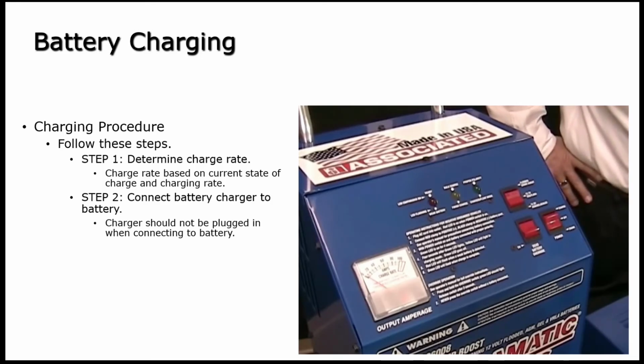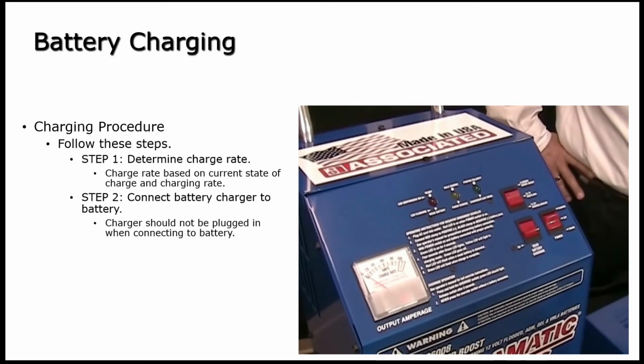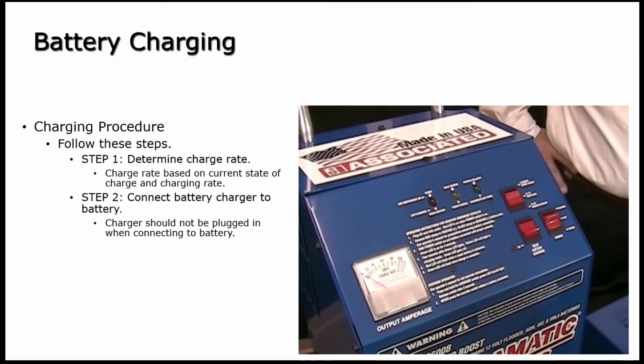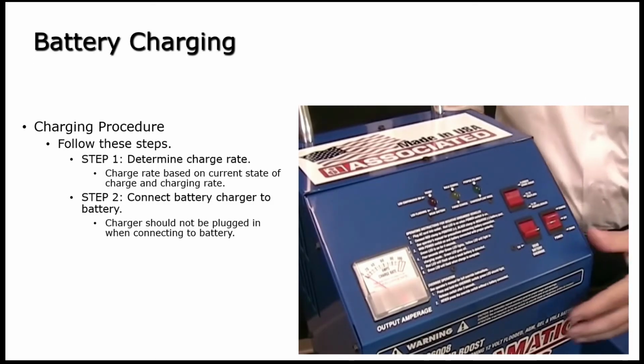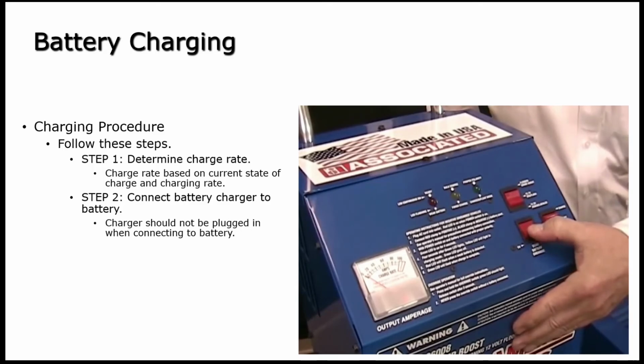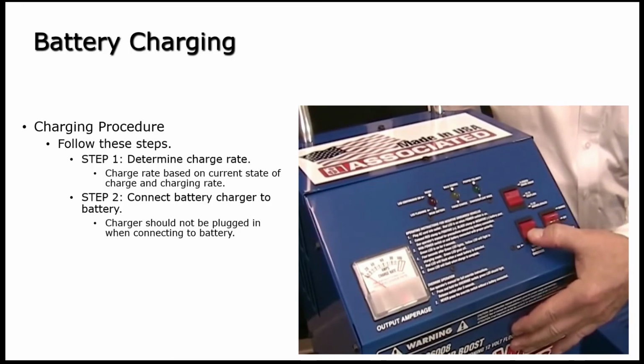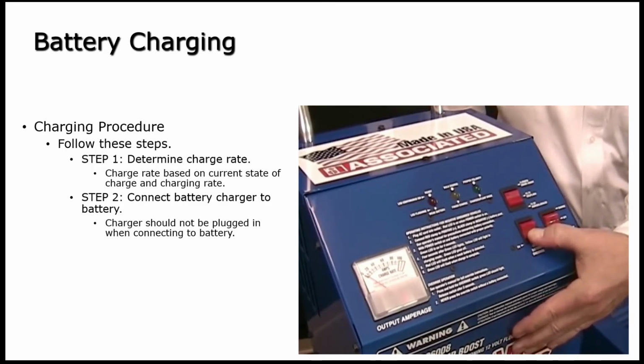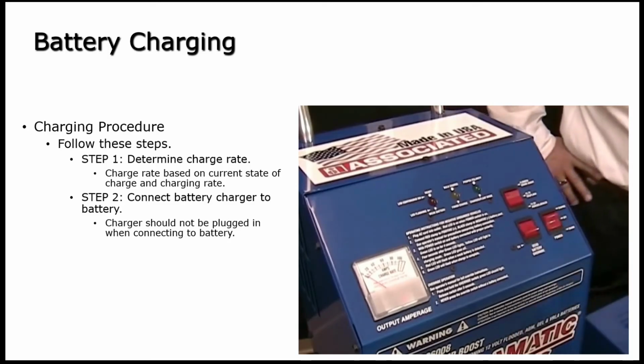It will detect batteries that are heavily sulfated or deeply discharged. Most battery chargers, even if they're automatic, if the battery is very, very low or completely dead, will not start. This charger has a function called dead battery override button, and you just hold the battery button down for a few seconds and basically it'll start the charger.